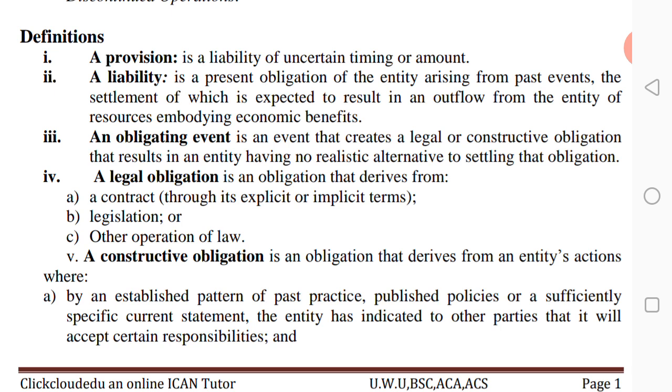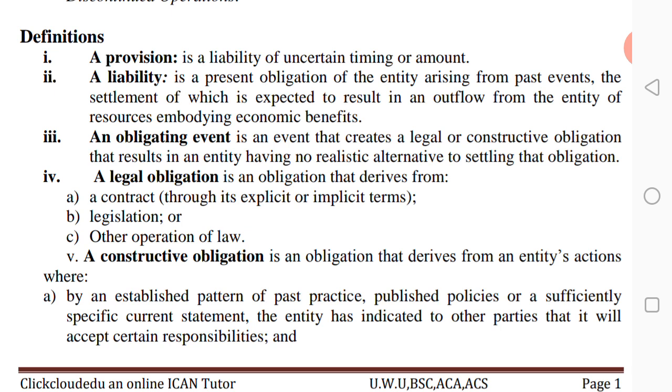A liability is a present obligation of the entity arising from past events, the settlement of which is expected to result in an outflow from the entity of resources embodying economic benefit. So we're saying a liability should be from a past event. I mean, you incur a liability for a previous transaction or for a previous agreement.